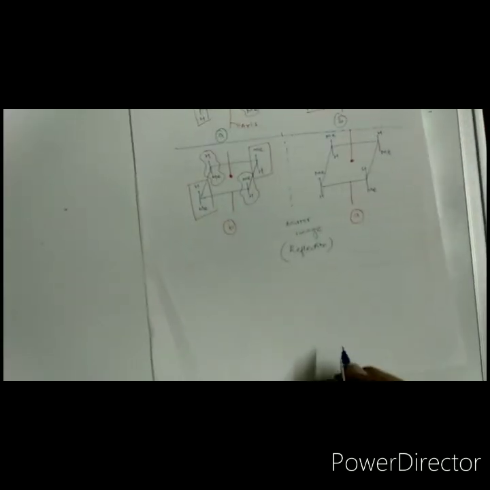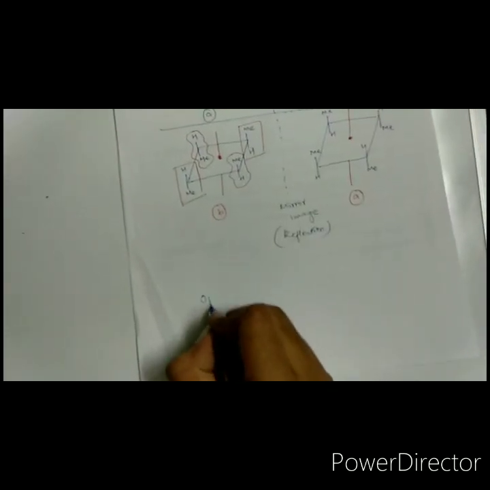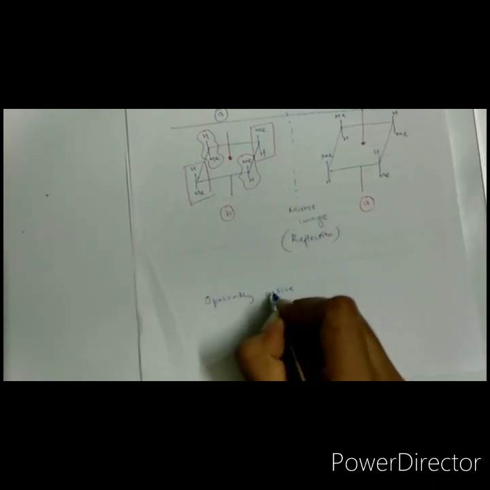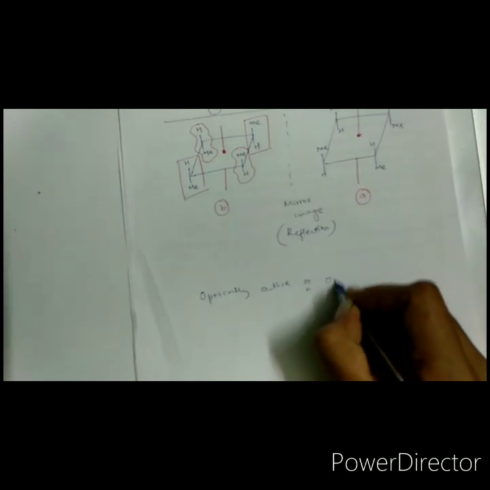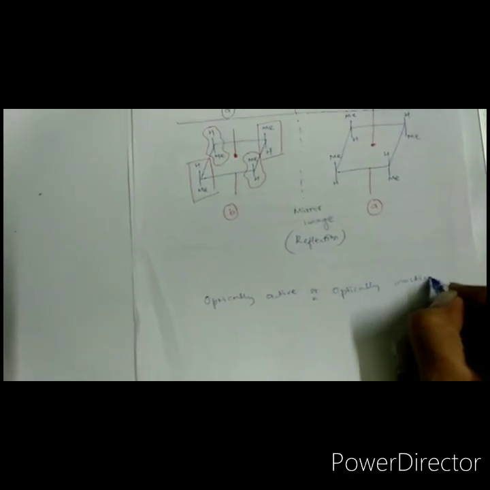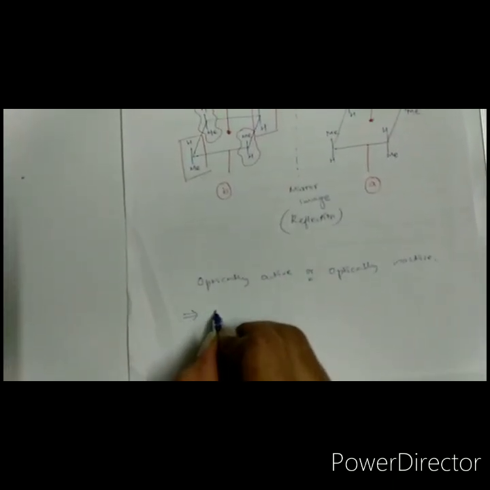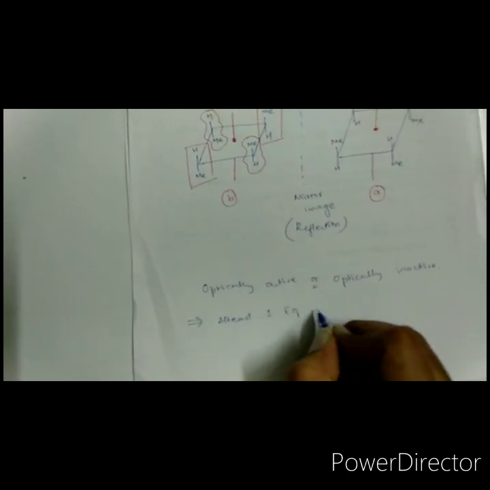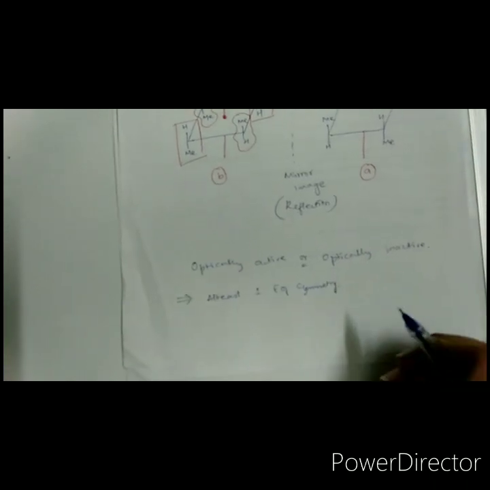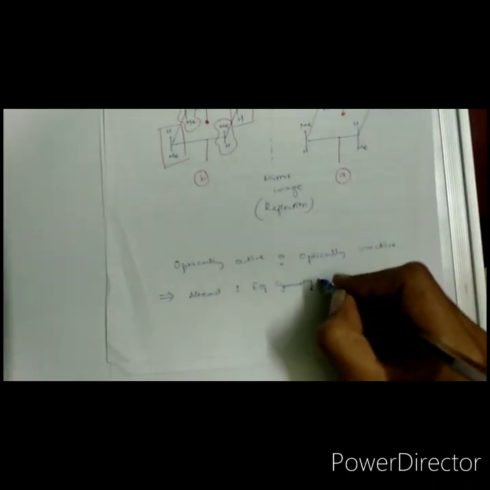So these elements of symmetry define whether the molecule is optically active or not. Optically active or optically inactive. If the molecule has at least one element of symmetry, then it is defined as optically inactive.